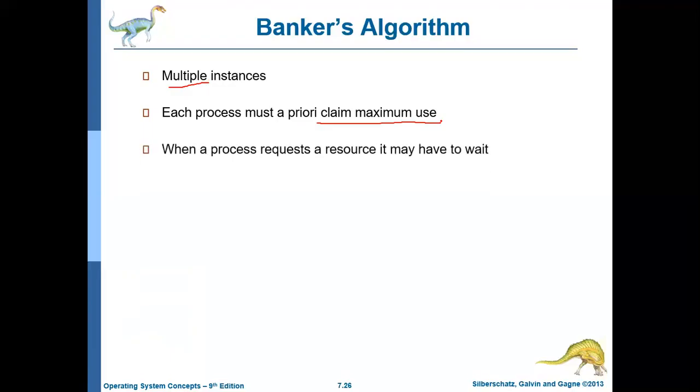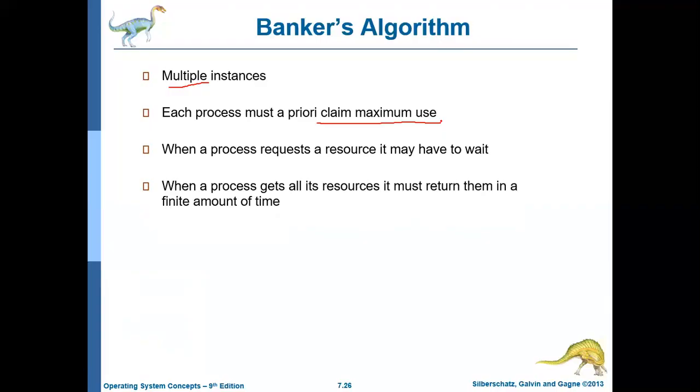Sometimes when a process requires a resource, it may have to wait. That may happen because currently the operating system may not have that many resources, or the resources might be held by some other process. So the process may have to wait until the other process releases the resource.